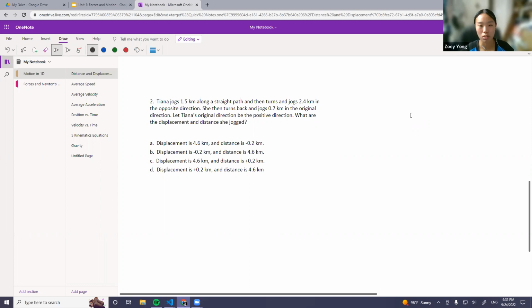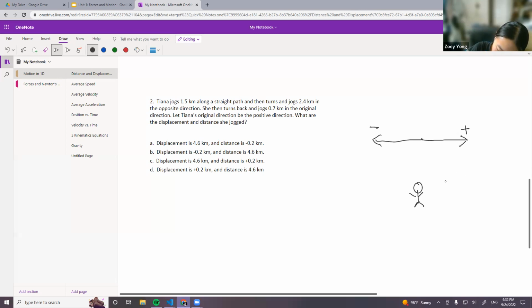So my advice to you is to draw a picture first, which actually I'll just show you. Also, they never said which way is the original direction, so you can just pick your own. So you can say this way is the original direction, so that's going to be positive, and this way is the opposite direction, so you're going to say that's negative. And then this is Tiana.